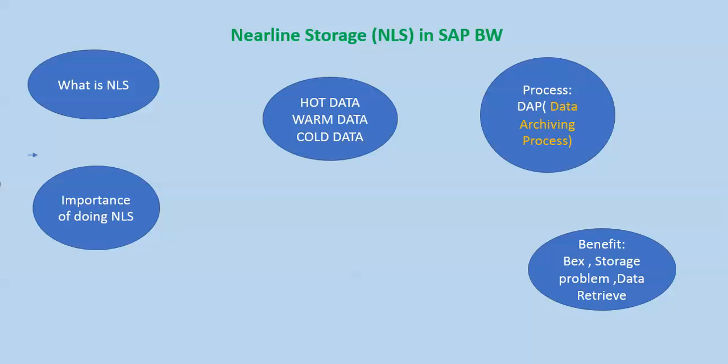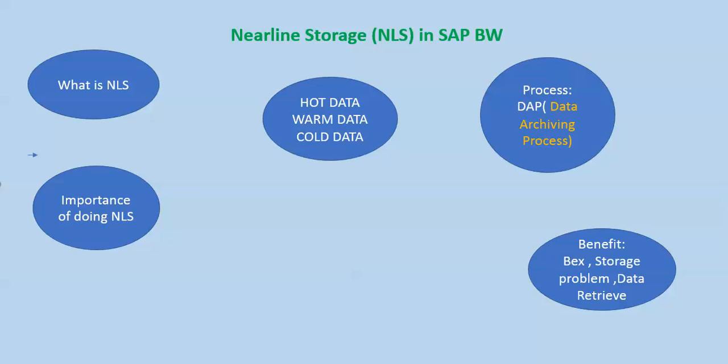So let me start with the definition. What is NLS? NLS is a process of transferring your real-time or hard disk data to a nearby storage. Suppose your DSO or your cube has a lot of data.